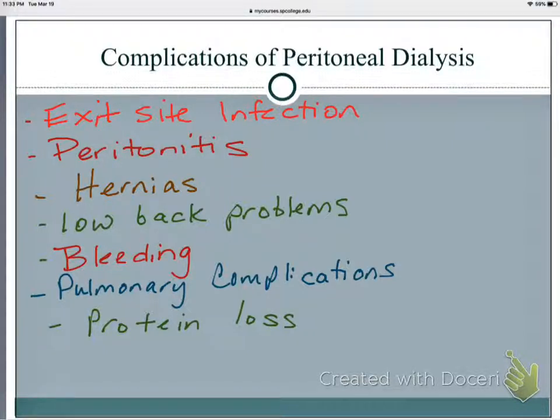Another complication is protein loss, right? So, we know our peritoneal membrane is permeable, which allows some things and proteins to go through, but we don't want too much to go through, but we will lose some protein, okay, during the process. So the peritoneal membrane is permeable to plasma proteins, amino acids, and polypeptides.